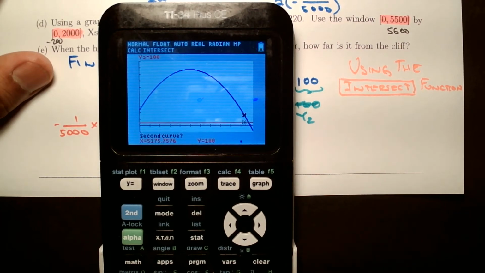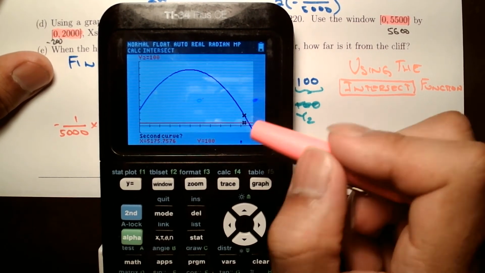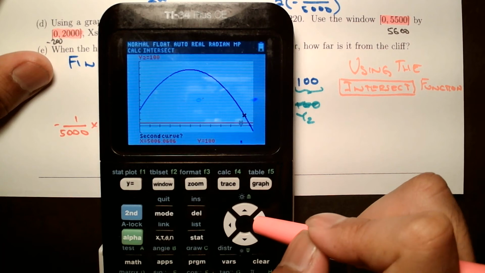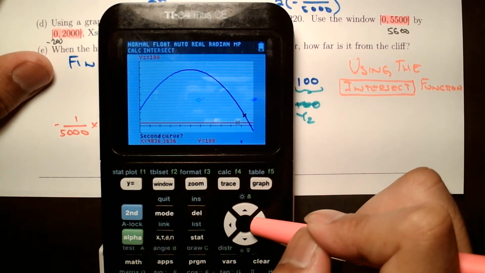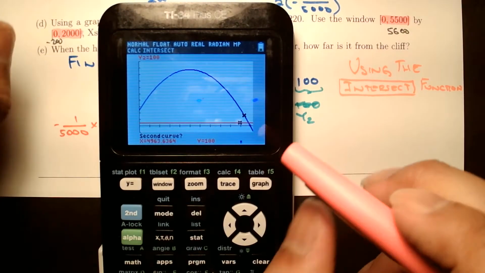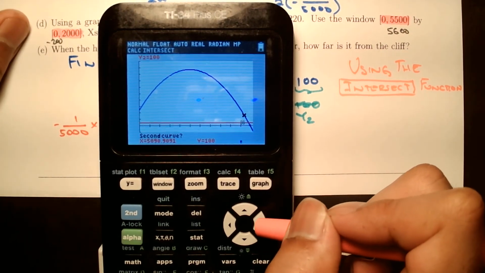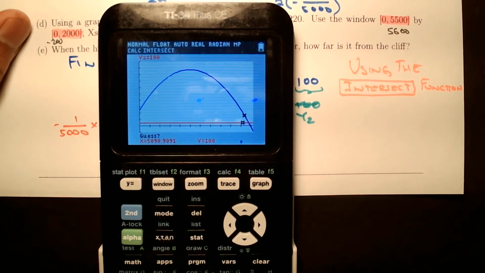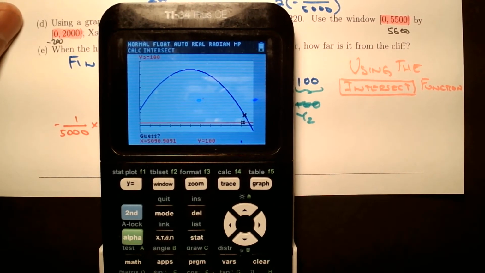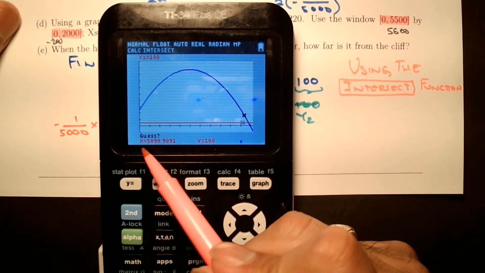And click enter. And then for the second curve, notice how this flashing star pops up for the second curve, because it's a horizontal line, it could be somewhere before or somewhere after the point of intersection. That's fine. I've just clicked enter, and you will see the word guess.